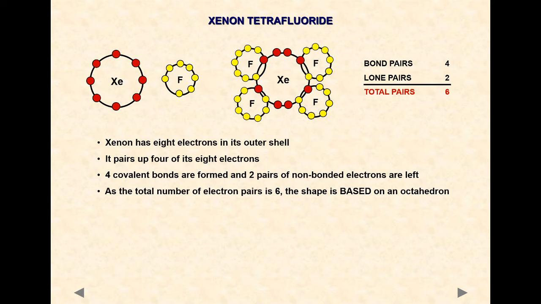Still looking at more examples, let's look at xenon tetrafluoride. Now, xenon is the central atom and it has 8 electrons.